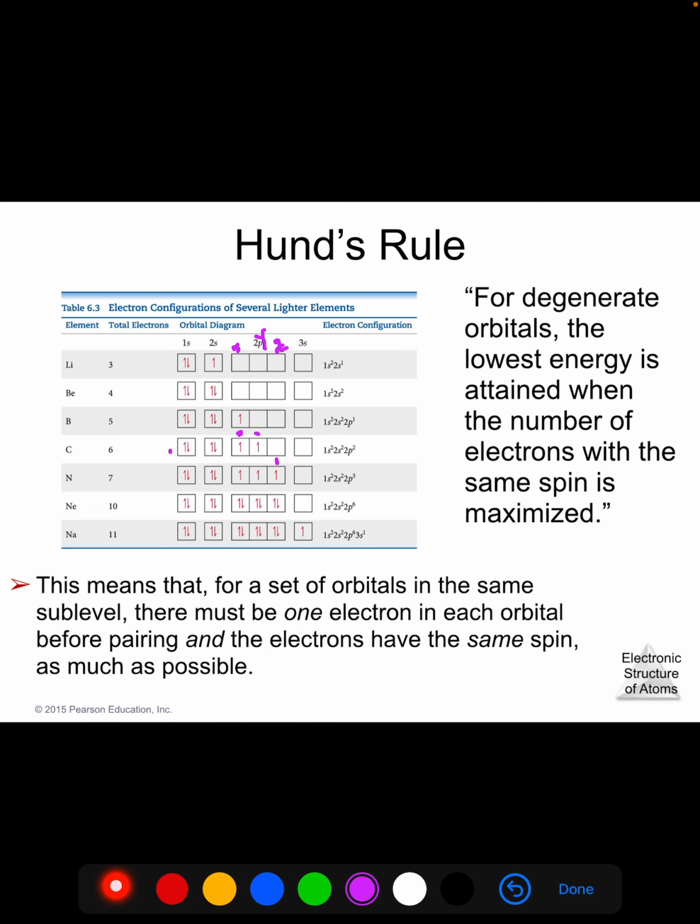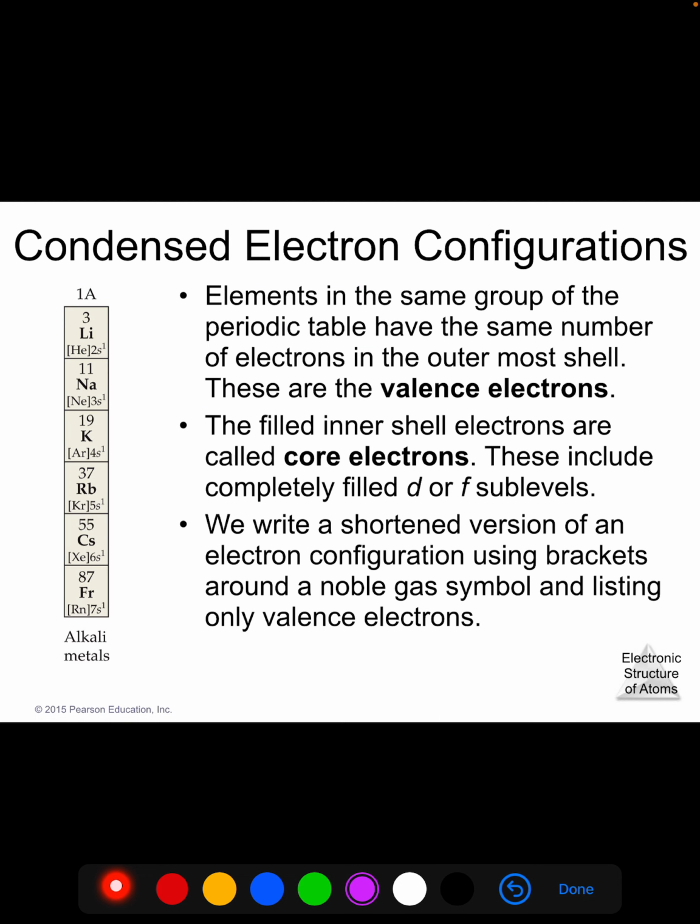And then the next element, oxygen, I can put my other arrow there. Hund's rule says the lowest energy is attained when the number of electrons with the same spin is maximized. So you put them in separate boxes before you put in an electron of the opposite spin. That's all.